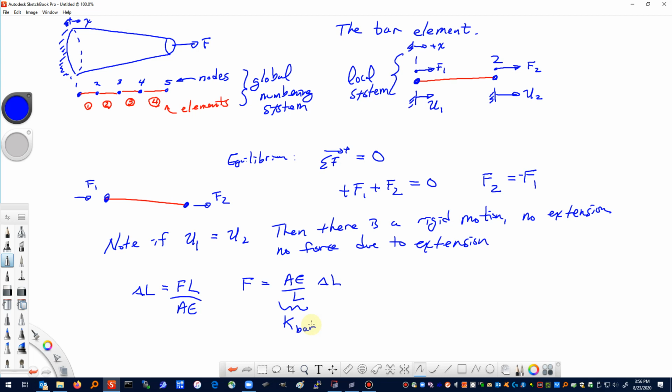Now, if this were to stretch out, then that means that the displacements U1 and U2 are unequal. And then we can say that the force at position 1 would be equal to AE over L times the difference in those two displacements.